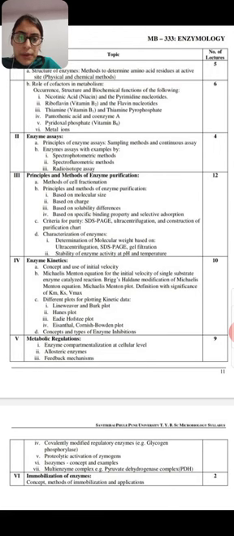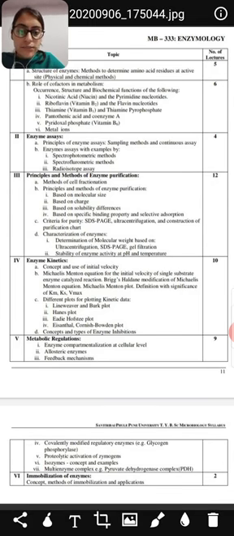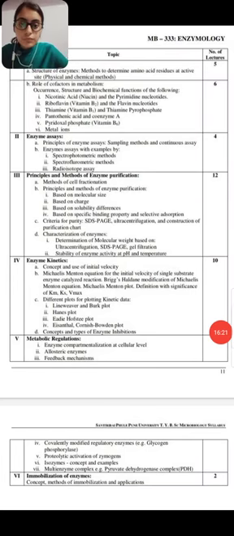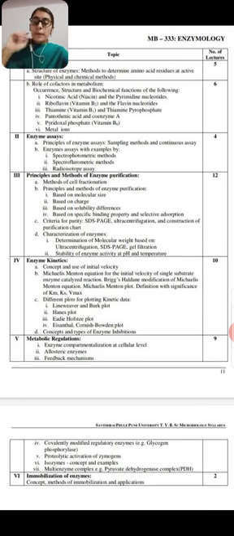Next is based on the solubility differences. Here the enzymes are purified based on the solubility differences.